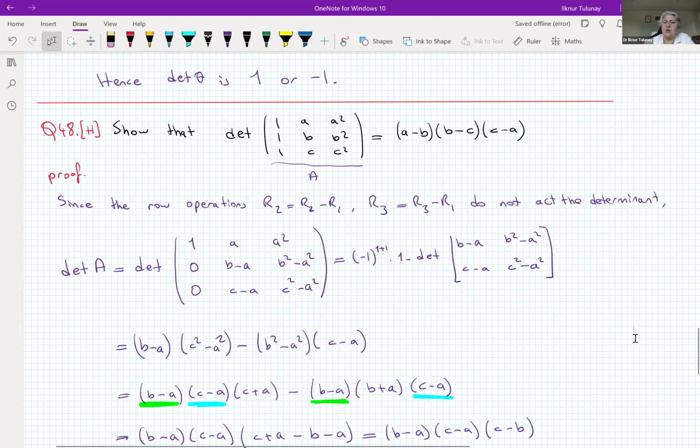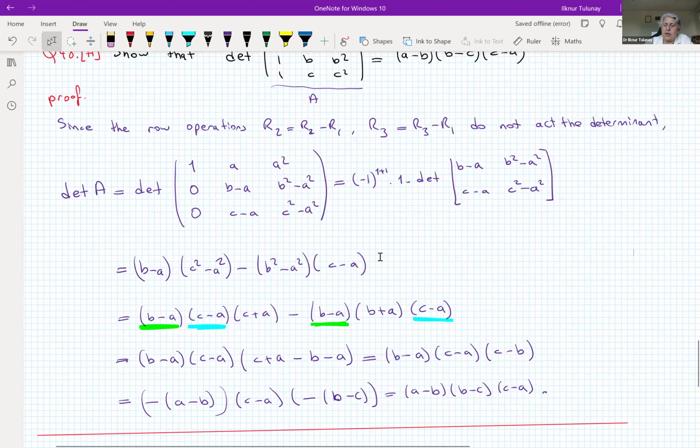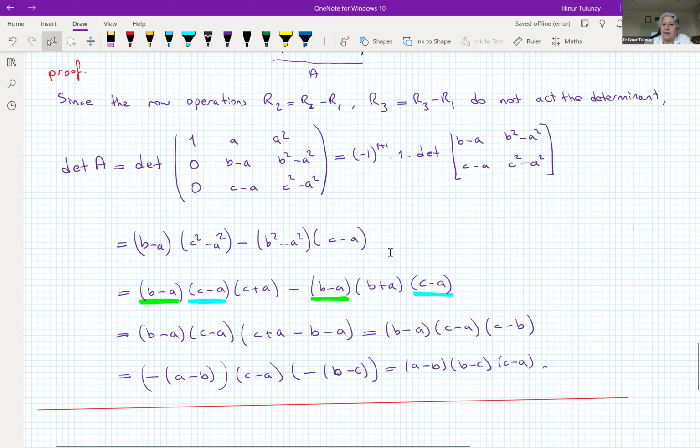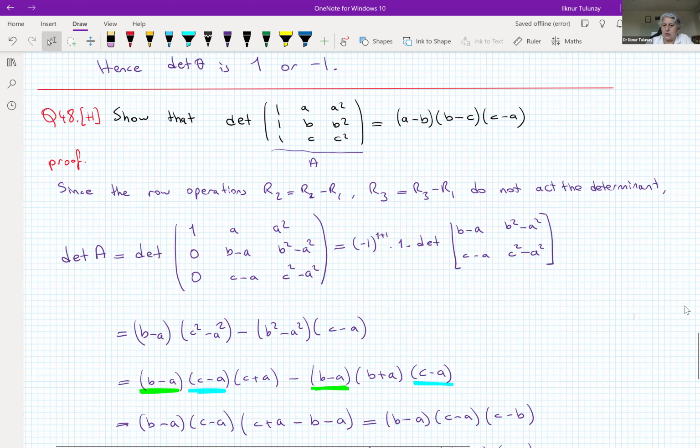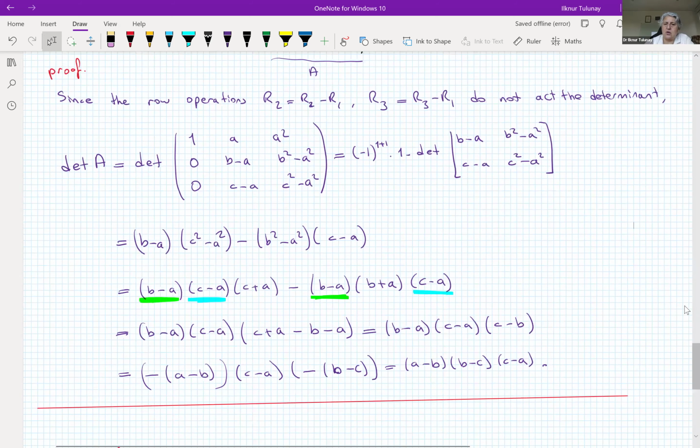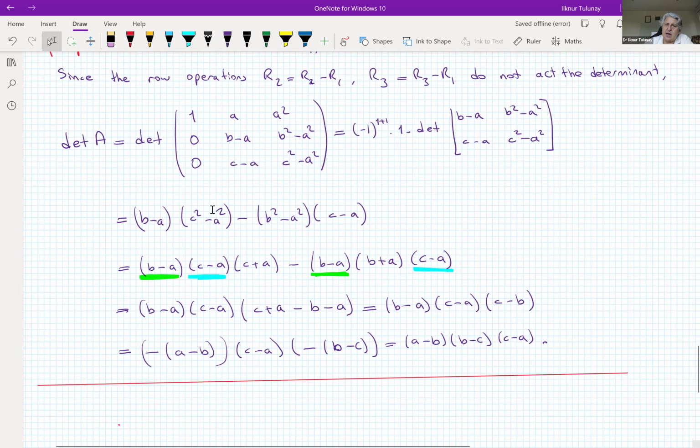Now I need to arrange these polynomials so that I can get the simple version of the solution. That's what I'm going to do afterwards. So C square minus A square can be written as C minus A times C plus A, and B square minus A square can be written as B minus A times B plus A. That's what I've done from here to here.